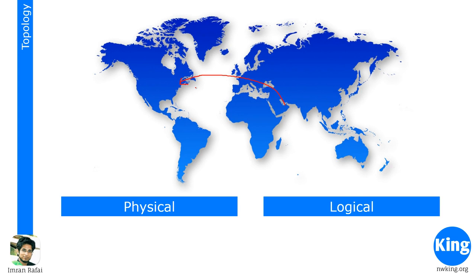Once you finish that, you fly to New York, and then in New York you have the reverse process where you finish your customs and immigration, take your bags, take a taxi, or get a friend to pick you up from the airport, and then you go to your destination, right? So this is how physically it is done. Logical and physical is like that.